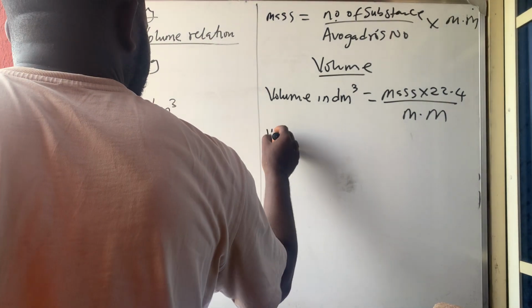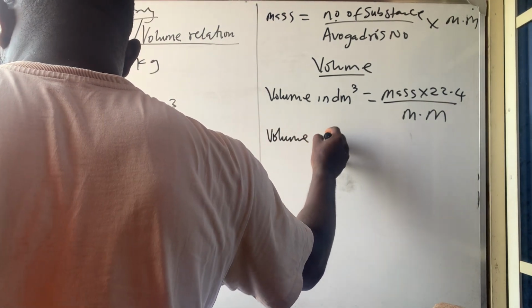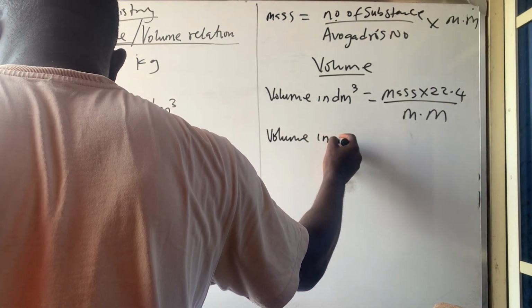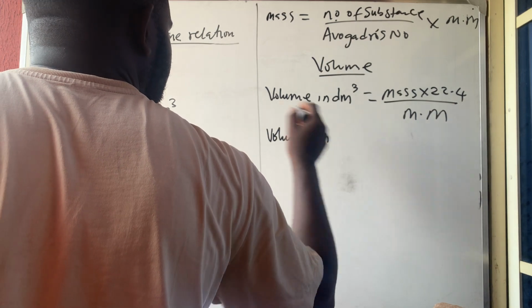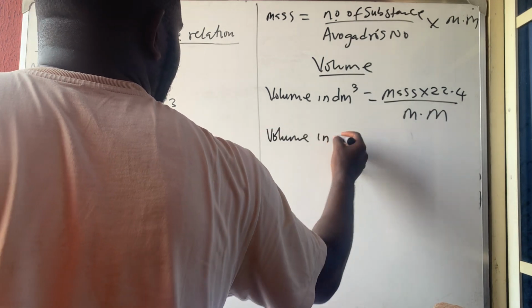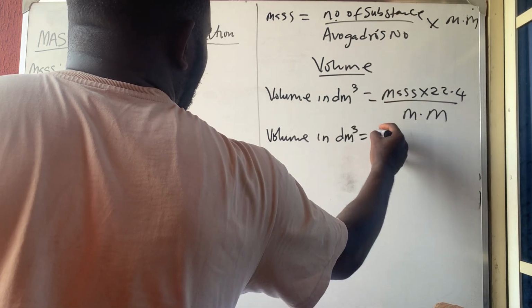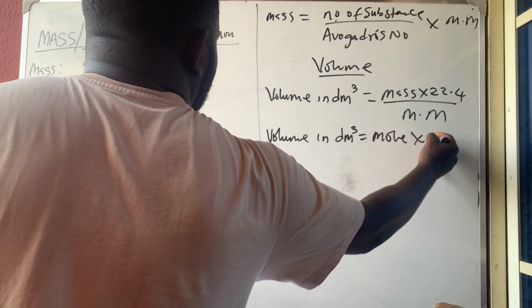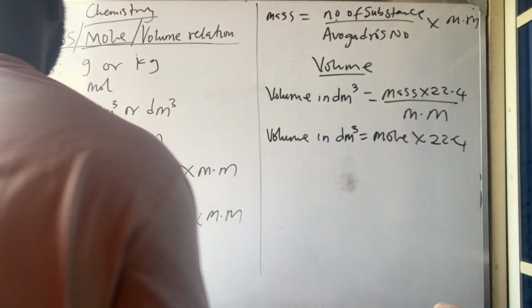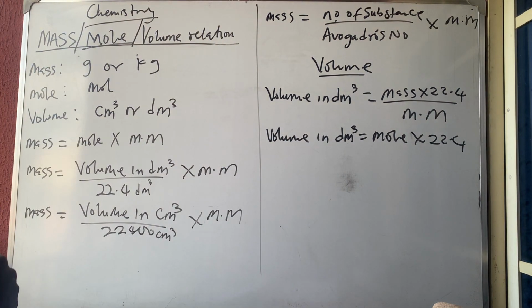Volume in dm cube again: you know that mass over molar mass is mole, so it's simply mole times 22.4.